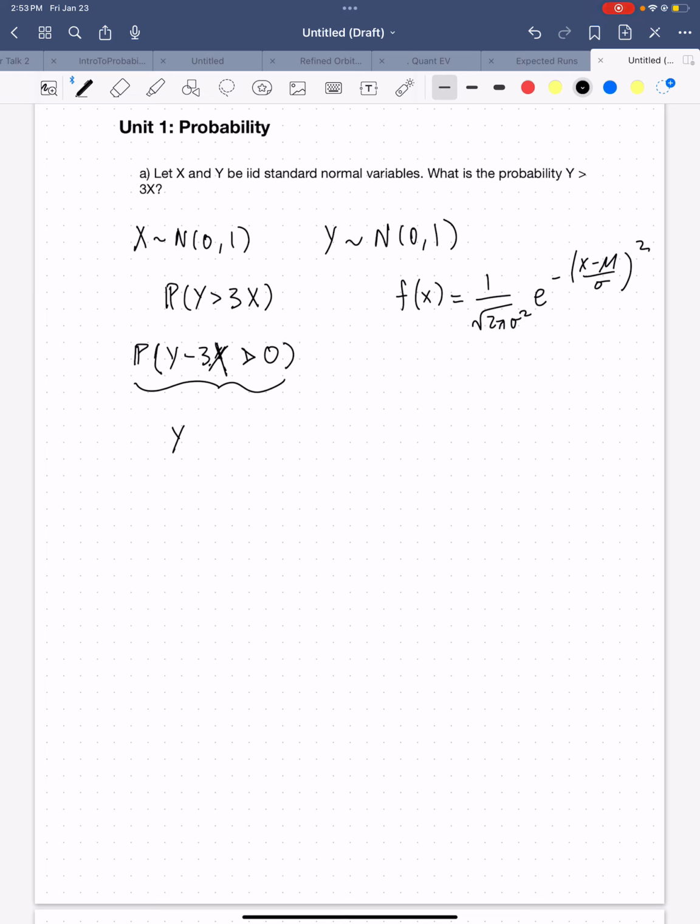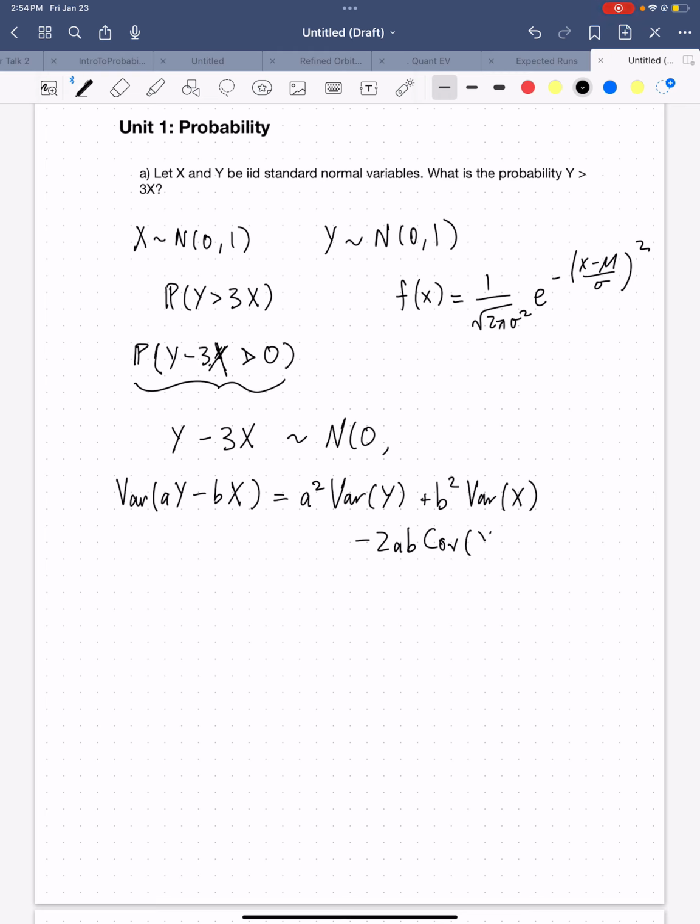In particular, Y minus 3X is normal, with mean and variance given by the variance of aX plus, or in this case, minus bX: a squared variance of Y plus b squared variance of X minus 2ab covariance of Y and X. Since they're independent, we know that this term is 0, although the converse would not be true.